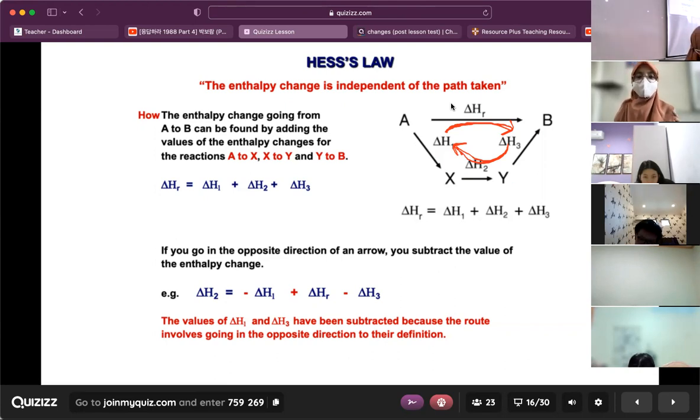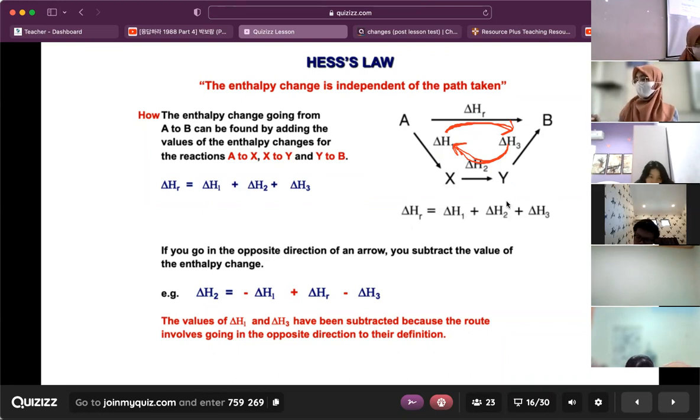Okay, so this is one example of the reaction, yeah. Let's say we want to know the delta HR. That is the total of delta H1, 2, and 3.